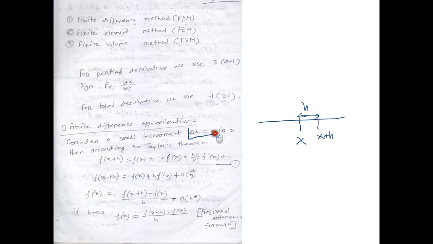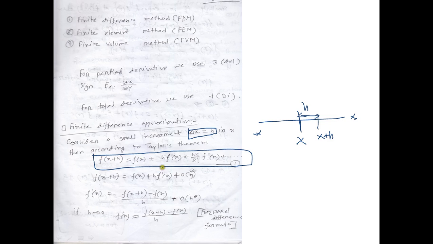Consider a small increment h in the x direction. So this is the x direction, this is the minus x, and this is our origin point of x. Then we have already seen what the Taylor theorem says: f of x plus h is f of x plus something like that. So we have already introduced these functions.